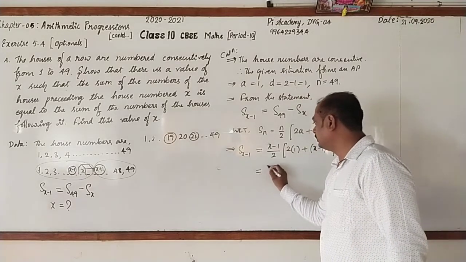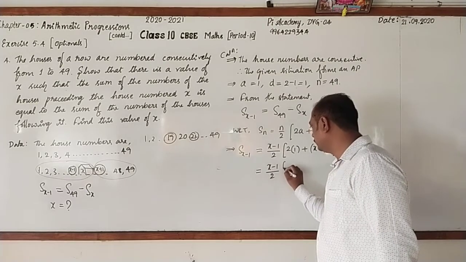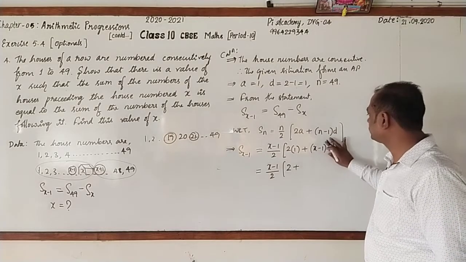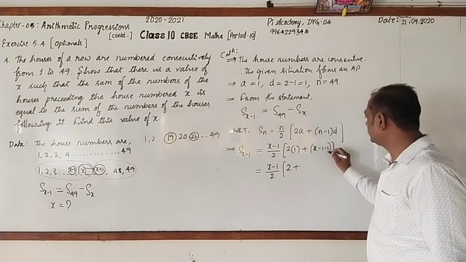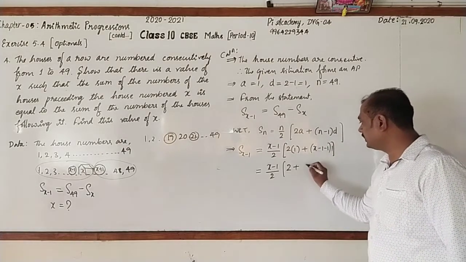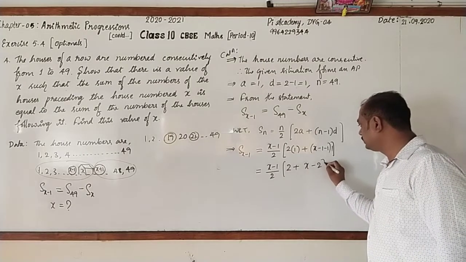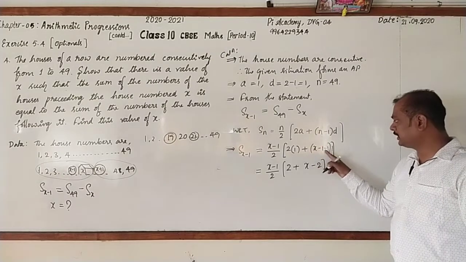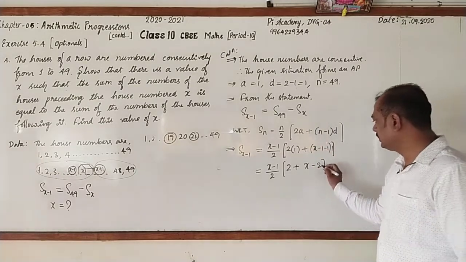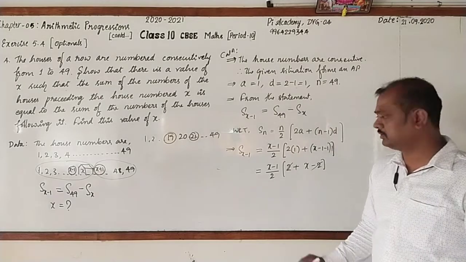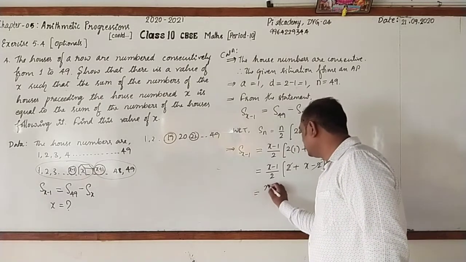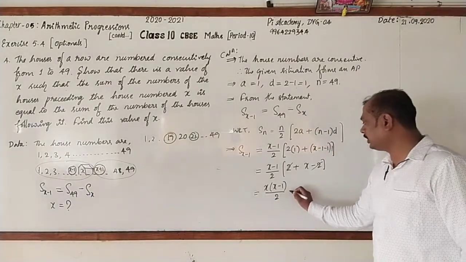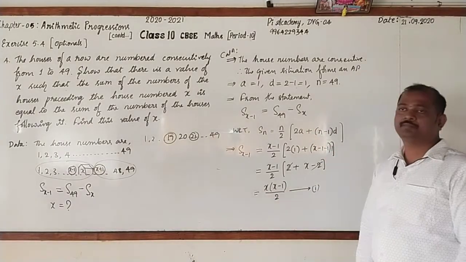This is equal to (x minus 1) by 2 into (2 ones are 2 plus (x minus 1 minus 1) into 1). Now observe, it is x minus 2. Clear? Minus 1 minus 1 is minus 2. Then (x minus 2) into 1 is x minus 2 only. Minus 2 plus 2 get cancelled. We will get x into (x minus 1) by 2. You may call this statement 1.